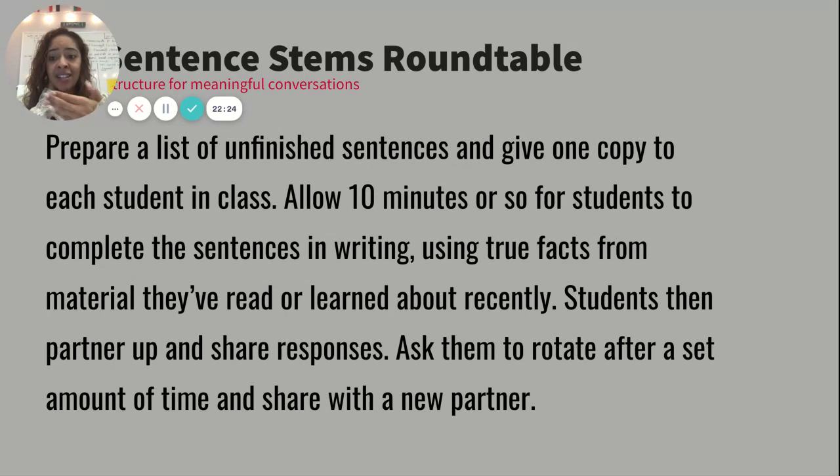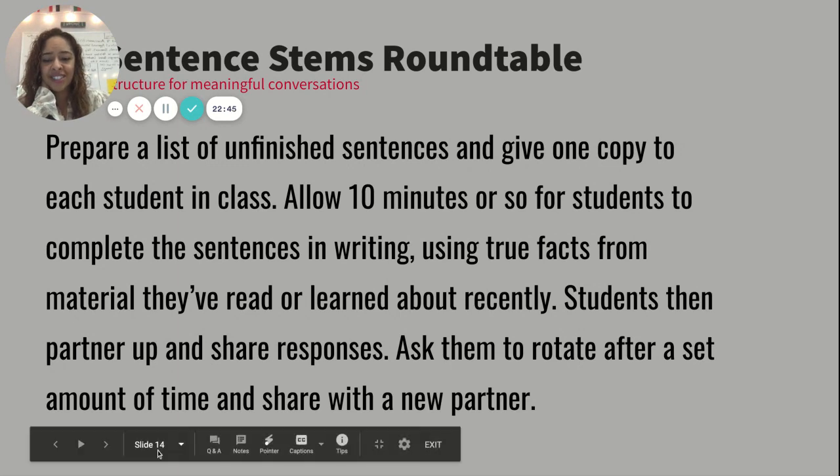And then after that set amount of time, they rotate to a new partner and again share their responses. So take a minute to think about an upcoming lesson where you could use a Sentence Stems Roundtable activity, and pause the video to record your answer on page 5 of your reflection sheet.